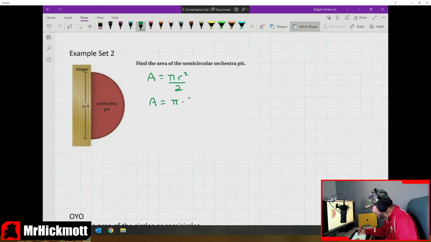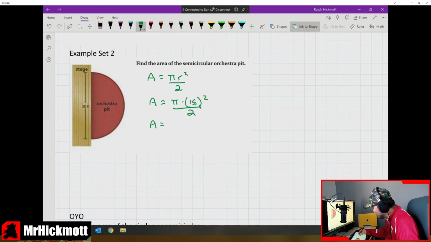A equals pi times radius squared. This looks like the radius is going to be half of this diameter of 30, so it's 15 squared divided by 2. Now, if you use the formula that I've given you for the semicircle, you always do the top first. Order of operations, we're going to do the top first and do the divide by 2 last. Save that for the end.